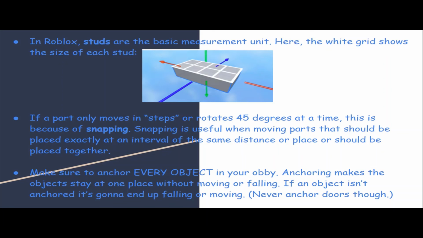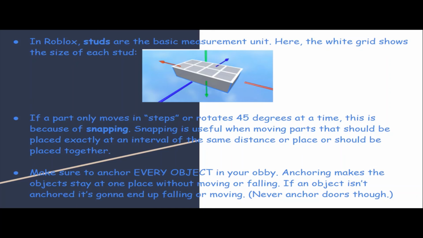If a part only moves in steps or rotates 45 degrees at a time, this is because of snapping. Snapping is useful when moving parts that should be placed exactly at an interval of the same distance or should be placed together.